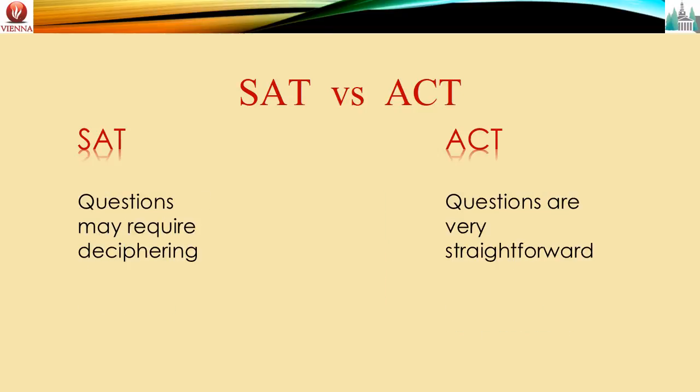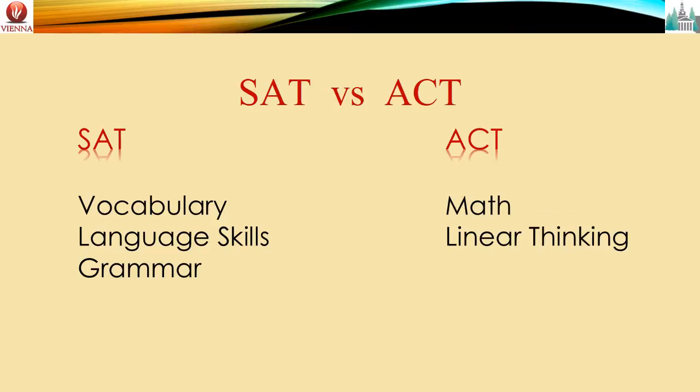Now, another key difference between the SAT and the ACT is that questions on the SAT tend to be a little trickier. SAT questions are often less straightforward and they might require some deciphering, whereas on the ACT, questions are generally very straightforward. So the SAT tests vocabulary skills more than the ACT does.